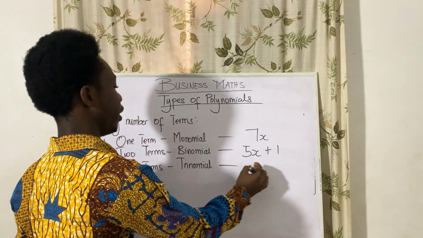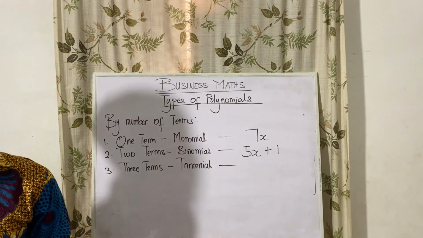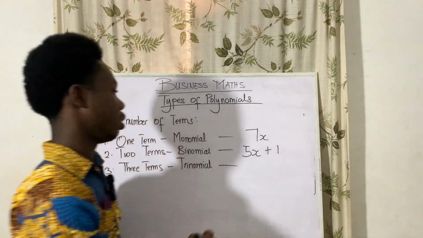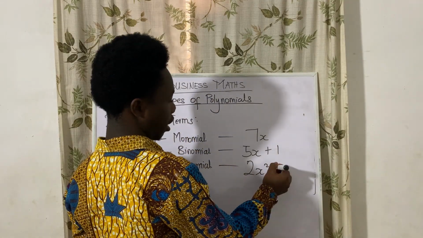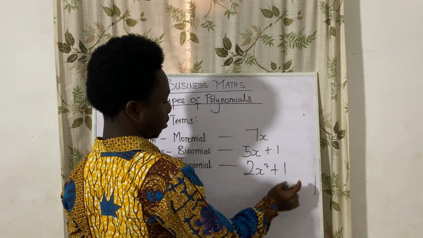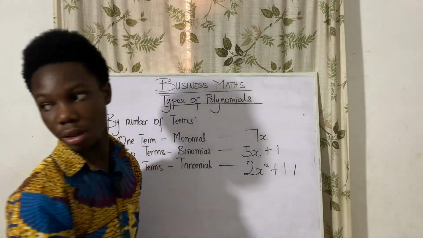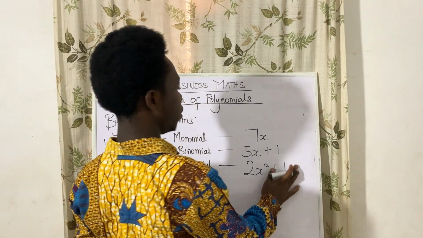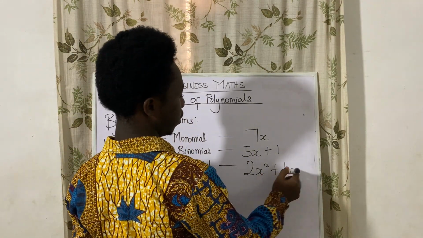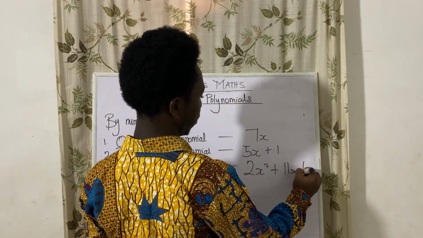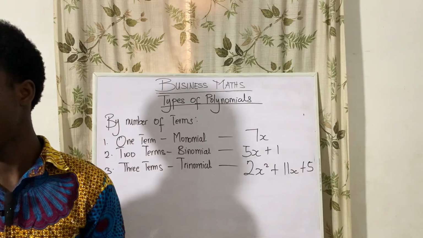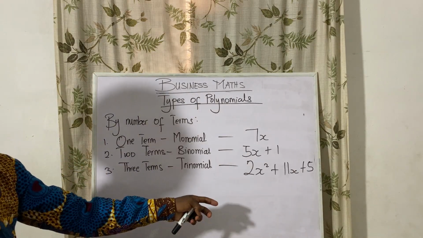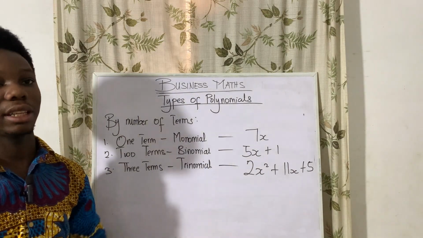Now let's look at trinomials. An example of a trinomial is, let's say, 2x squared plus x plus 5. A trinomial can even be a quadratic equation.